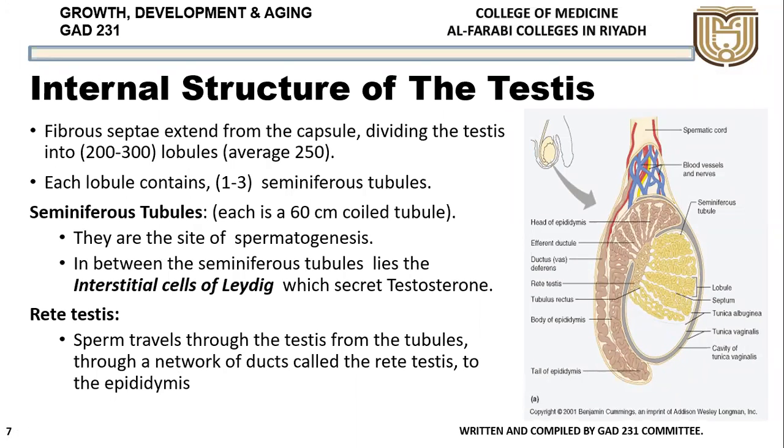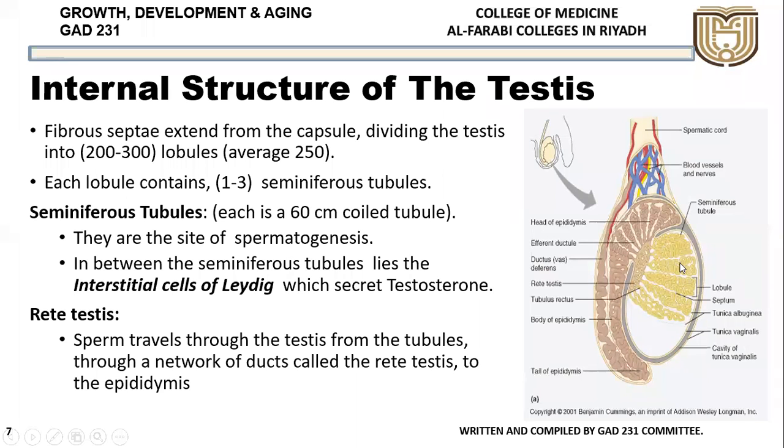Now, if you see the internal structure of the testis, as we know, the whole of the testis is covered by a fibrous capsule from outside. From the capsule there will be septa which go inside, which will divide the whole of the testis into 200 to 300 lobules.